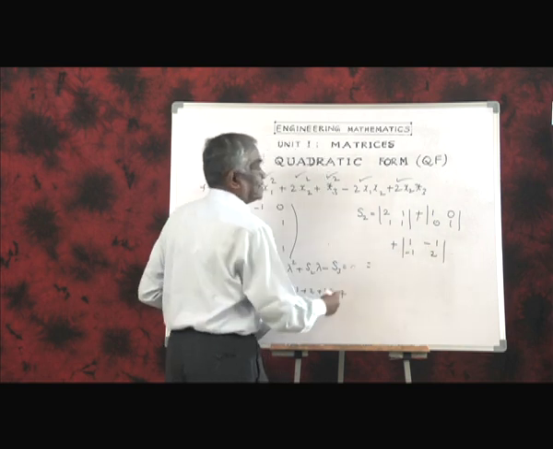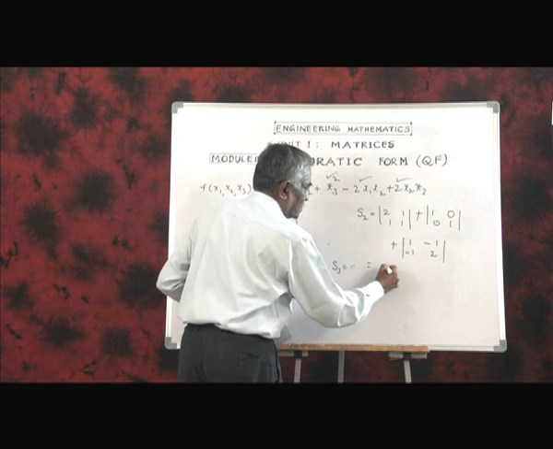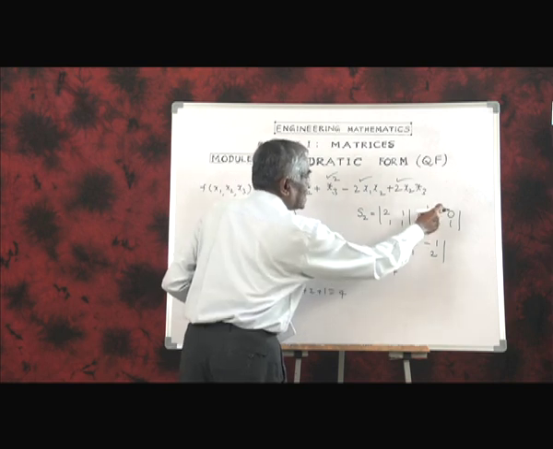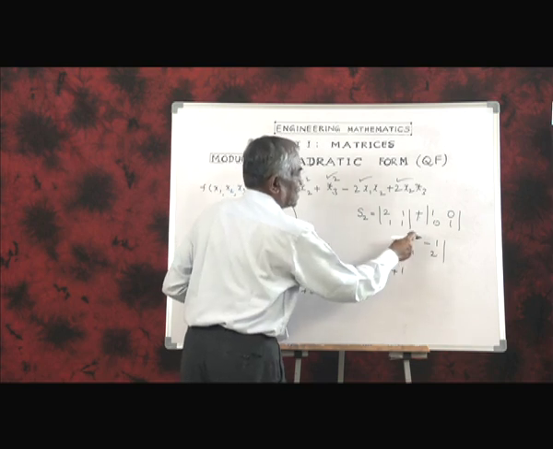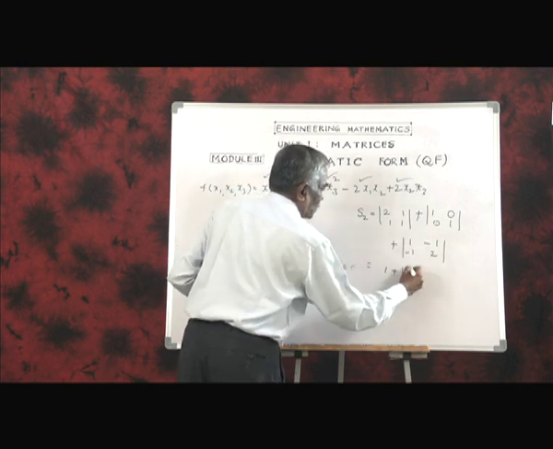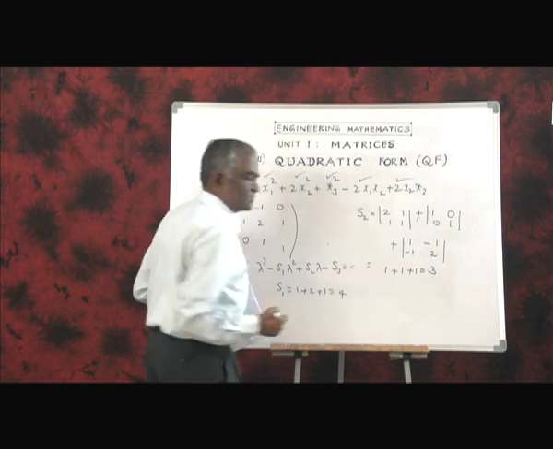So, on simplification, 2 minus 1, that is 1, plus here 1 minus 0, another 1, plus once again 2 minus 1, another 1, that is equal to 3.